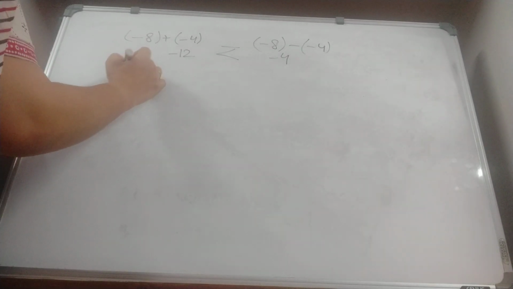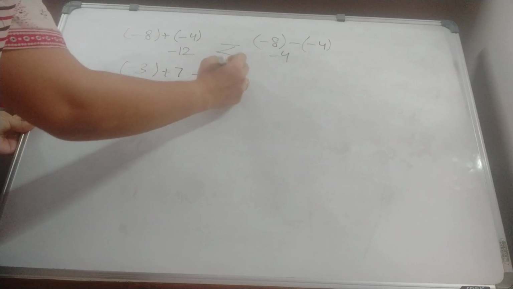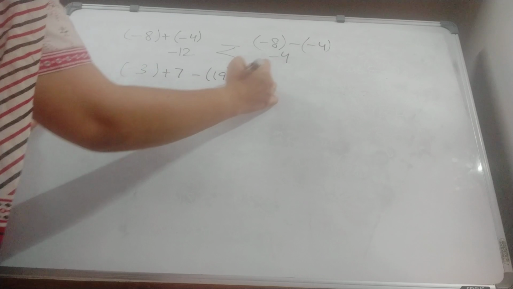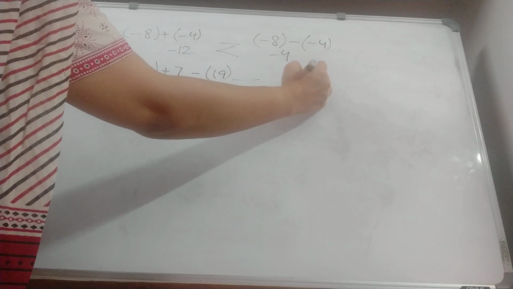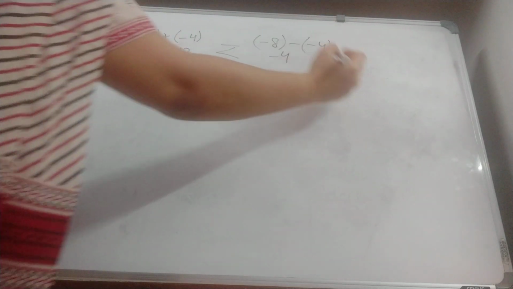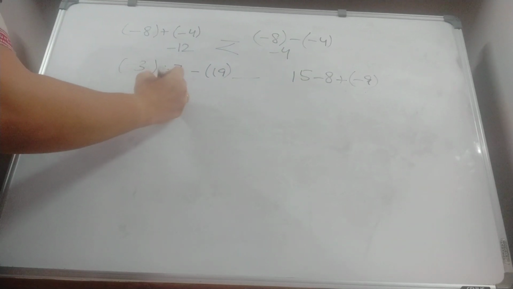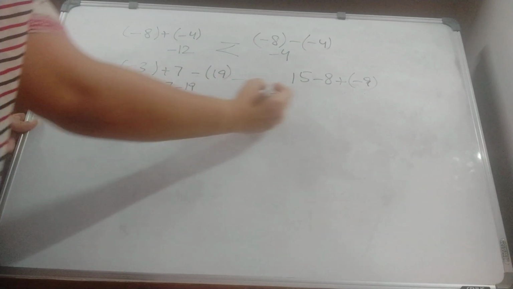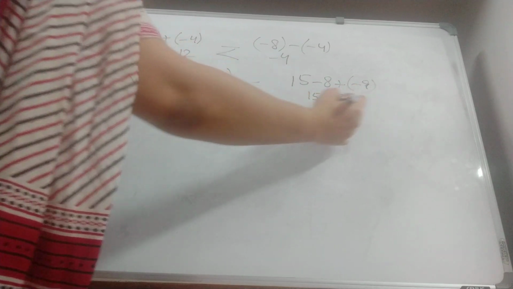Next is minus 3 plus 7 minus 19. Now if you solve this, okay, the right hand side is 15 minus 8 plus minus 8 plus minus 9. So this becomes minus 3 plus 7 minus 19, and this becomes 15 minus 8 minus 9.